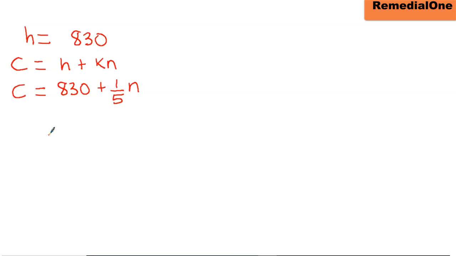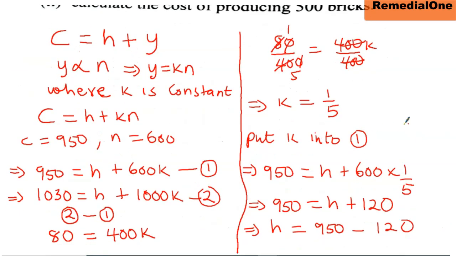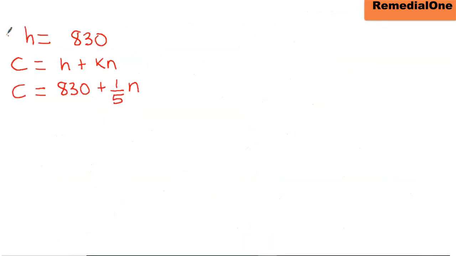Yes. So the first part of the question, which indicates that we should find the relation between C, H and N, that is what we have done. So that is our relationship.